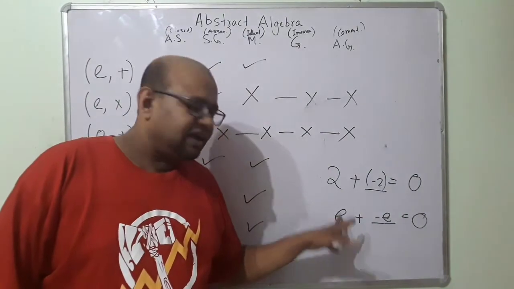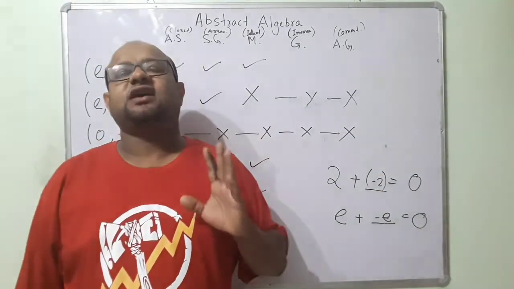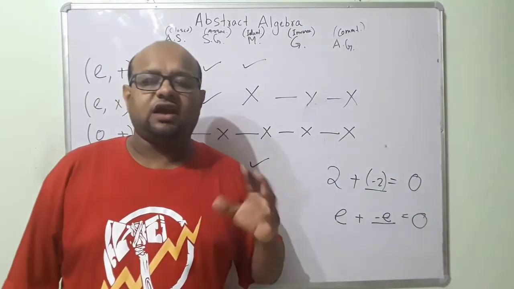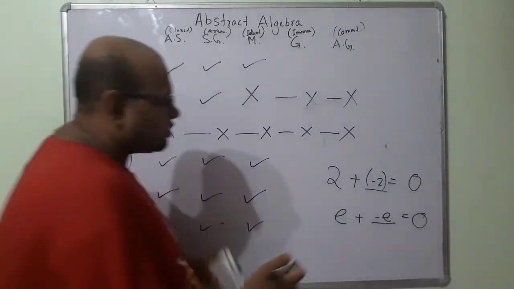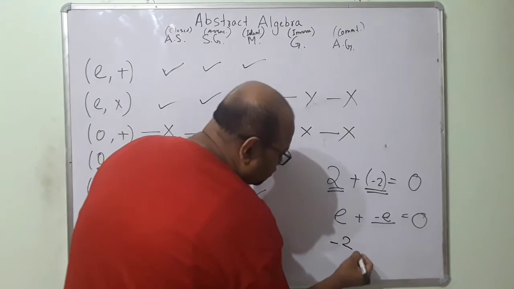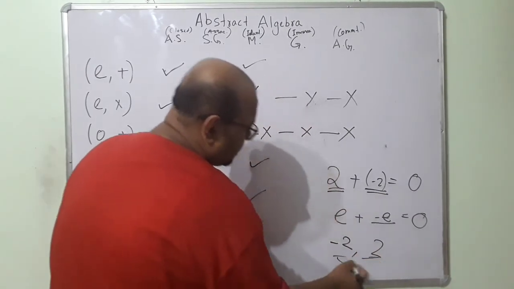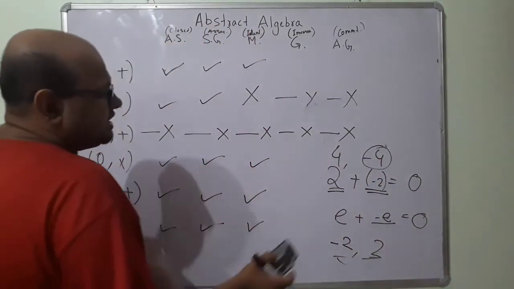So for all the even numbers in the set, does the additive inverse belong to the set? Yes, it does. For every 2, minus 2 belongs to the set. For every minus 2, 2 belongs to the set. For 4, minus 4 belongs to the set. Minus 4 is even.